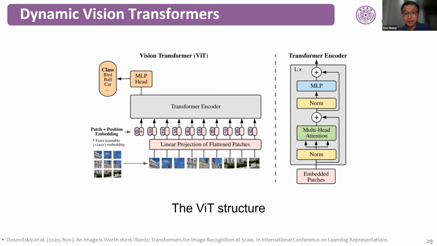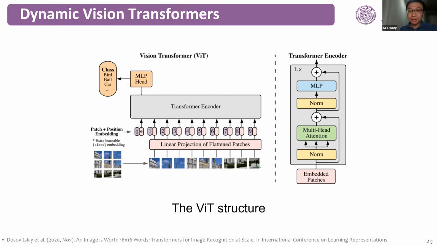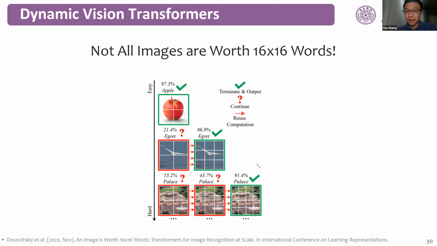And this architecture tends to work quite well, especially the variants developed after this paper has been made public. So from the dynamic inference perspective, we can immediately realize that not all images are worth 16 by 16 words, right?